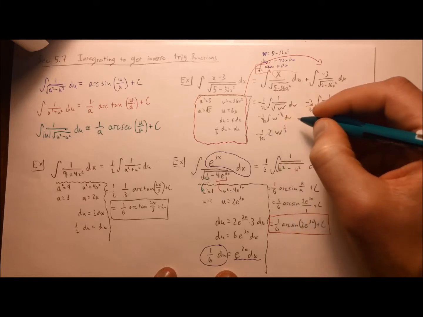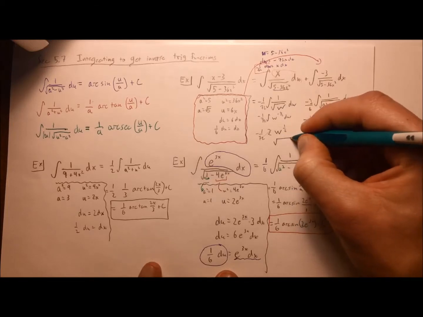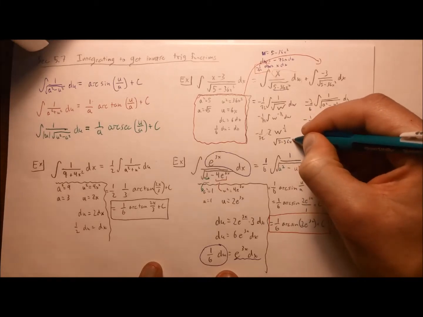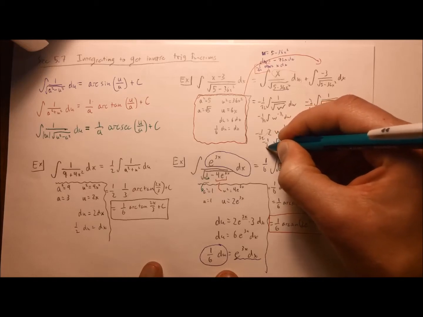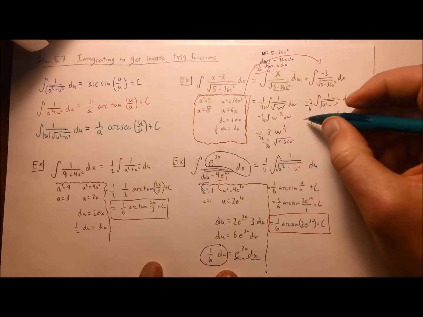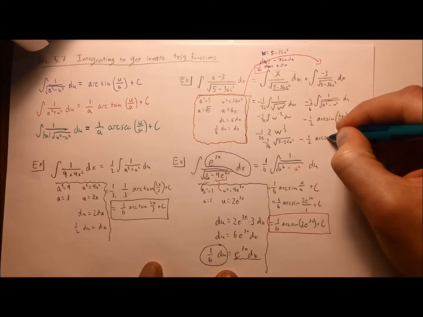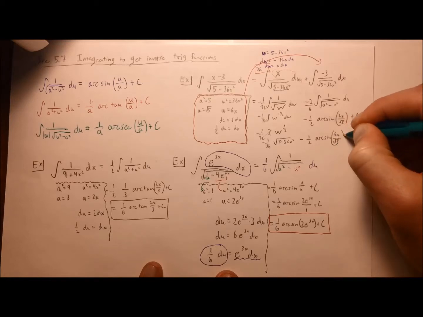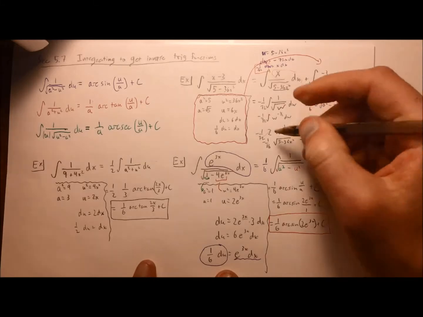And after a little simplification and plugging this back in, this is just going to be the square root of 5 minus 36x squared, negative 1 over 36 times that. So that problem worked out to this. This problem we figured out was 1/2 the arc sine of 6x over the square root of 5 plus c. Whew!